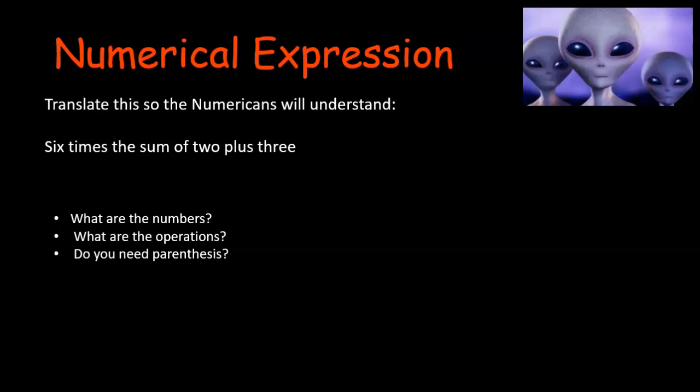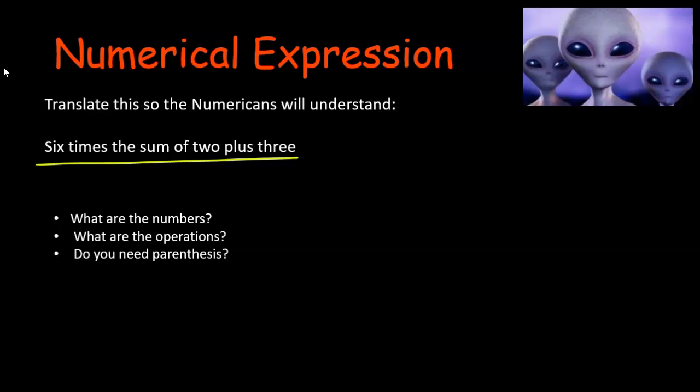So let's look at a numerical expression. It says translate this so the Numericans will understand it. 6 times the sum of 2 plus 3. That's our words. They don't understand these words.